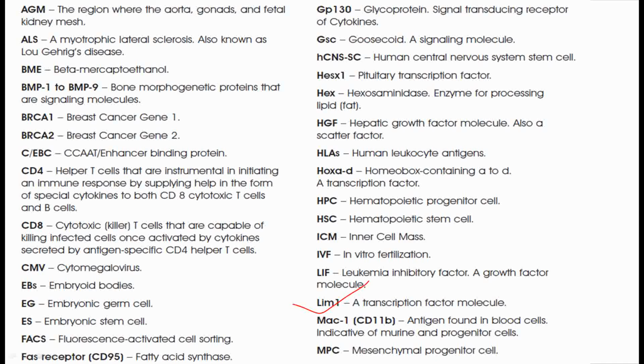This is a transcription factor molecule. Next one, MAC1 or CD11b. This is an antigen found in blood cells, indicative of murine and progenitor cells. And last one, MPC or mesenchymal progenitor cells.